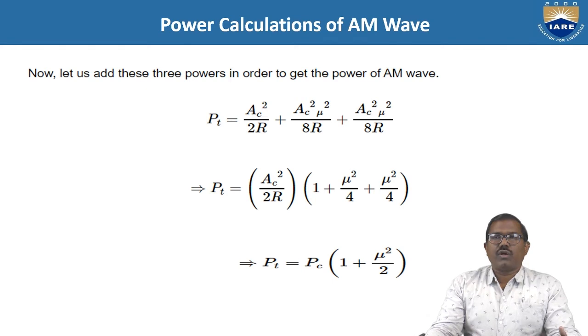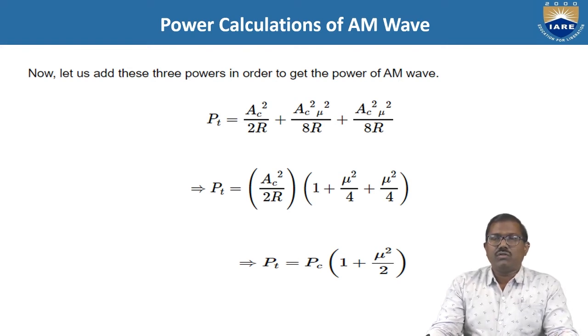Now we are going to get the total power, which is equal to the carrier power plus the two sideband powers, one is upper sideband power and another is lower sideband power. So I am substituting all those values in the total power equation.